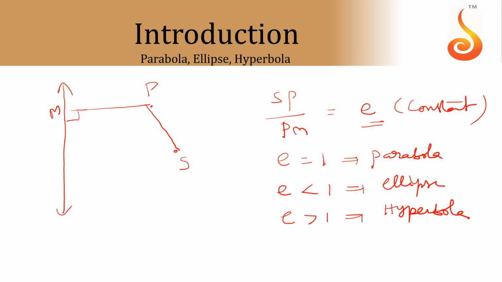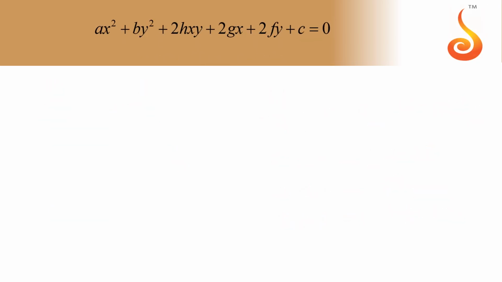Now in general, let us see different situations. Let S equal to 0 be a second degree non-homogeneous equation in x and y. Its discriminant is delta equals abc plus 2fgh minus af square minus bg square minus ch square.